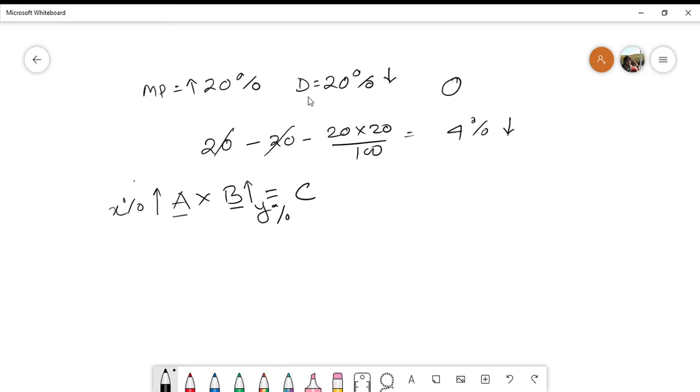By how much will it increase? So this is also a successive percentage application, because I have a product A into B. First I am incrementing it by X percent, and then by Y percent. So again this will be X plus Y plus XY by 100 percent, right?